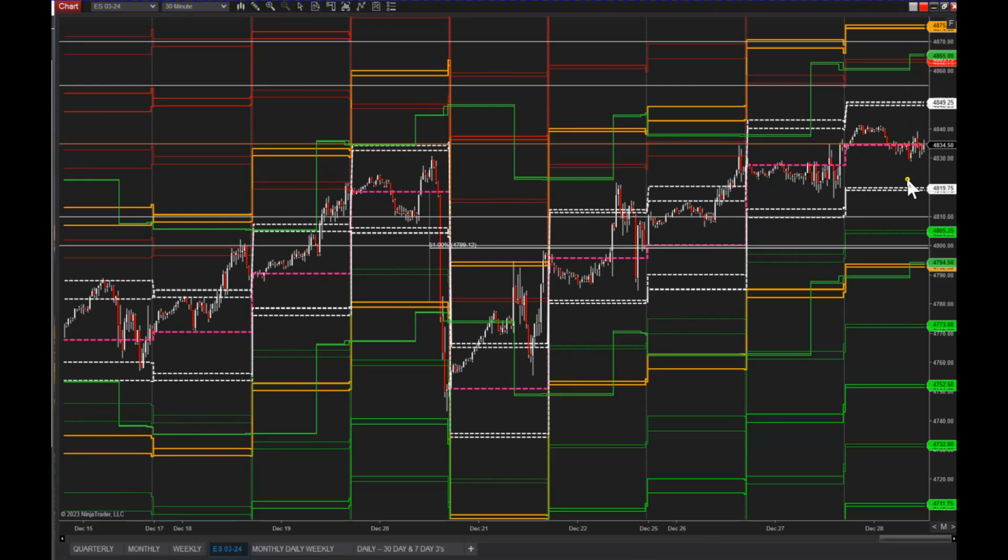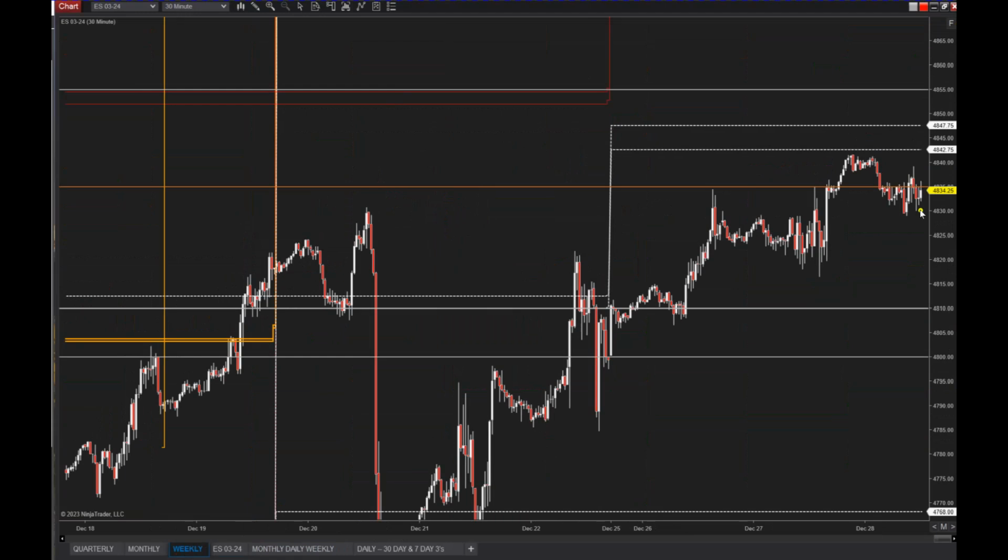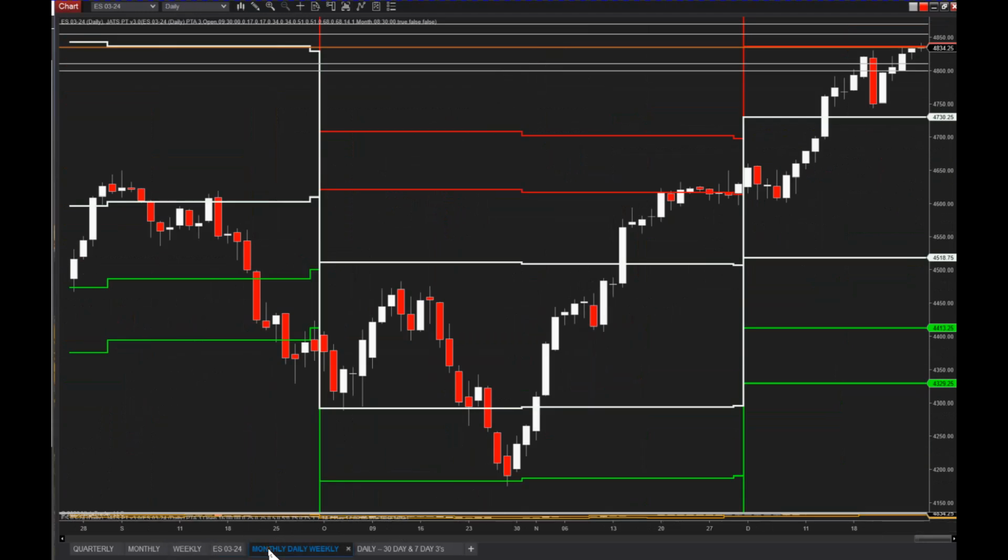And you can see we're right in the middle of my daily distribution. All right. And the weekly providing the resistance, the weekly ones. We're also at the monthly twos, which I've been pointing out.